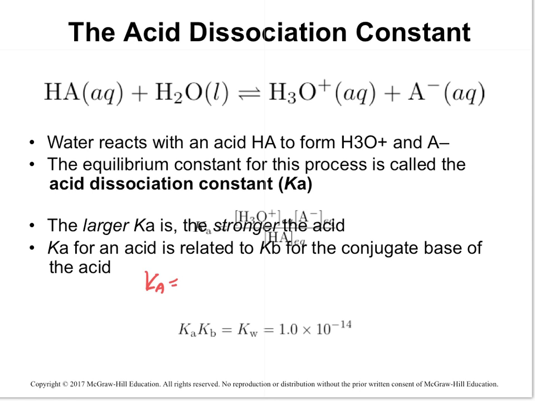This is just the equilibrium constant, and so they look at the acid dissociation for the equilibrium constant. You could do the same thing for the base, but we hardly ever discuss Kb's.